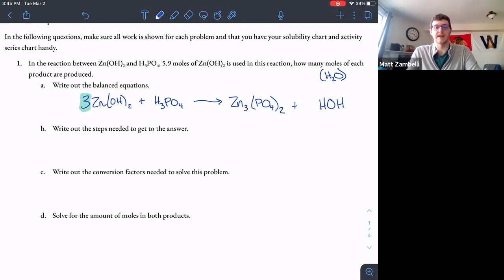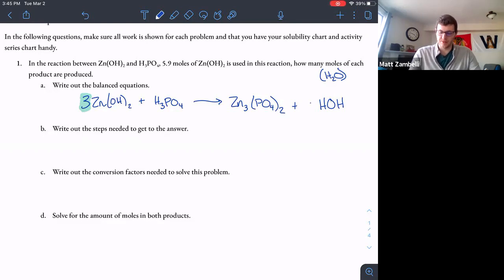Look at our hydroxides. This is the next reactant. So our hydroxides, are they balanced? No, which side has less? Reactants or products? My products, how do I make them balance? What do I have to multiply my product side by?